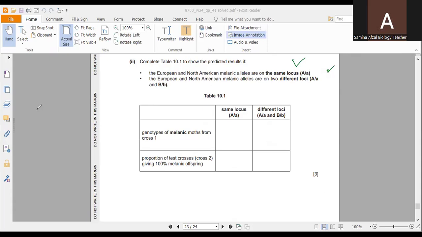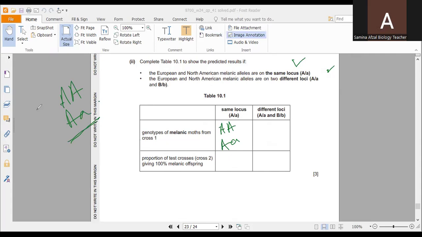Already you know capital A, capital A and capital A, small a; if they are present on the same locus, these are the two possible genotypes.